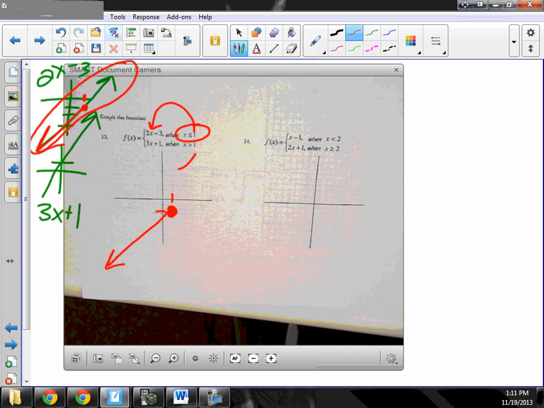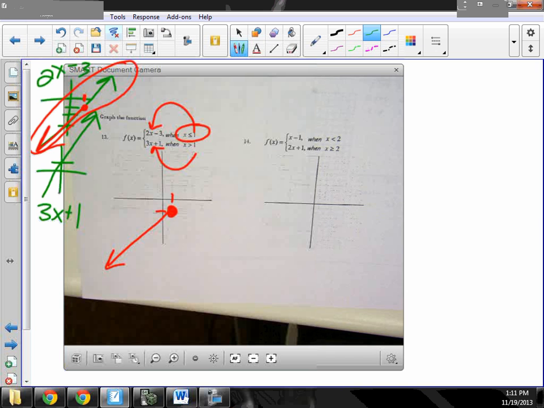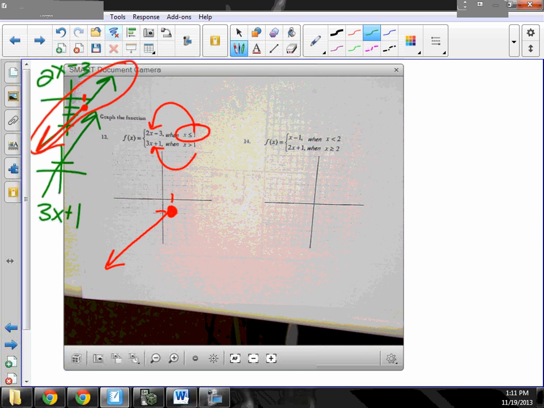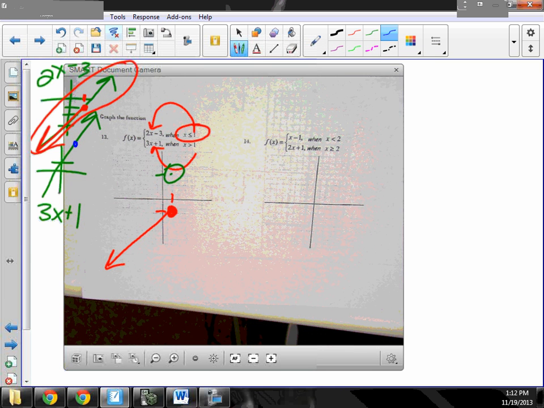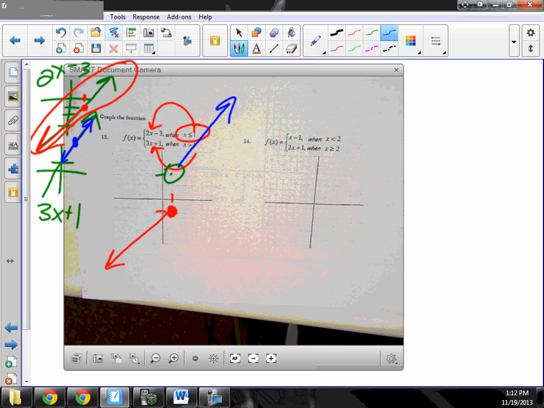Now we're going to plug 1 into the other function. 3 times 1 is 3 plus 1 is 4. So 1 comma 4. Is this an open circle or a closed circle? Open circle. Am I going to go to the left or to the right? So I'm up here on the graph. Is it going to be the left side or is it going to be the right side? Right side. So it looks like that. And again, if the steepness of your lines isn't perfect, that's okay. As long as you have it going to the right and going up, that's good enough for me. Okay?